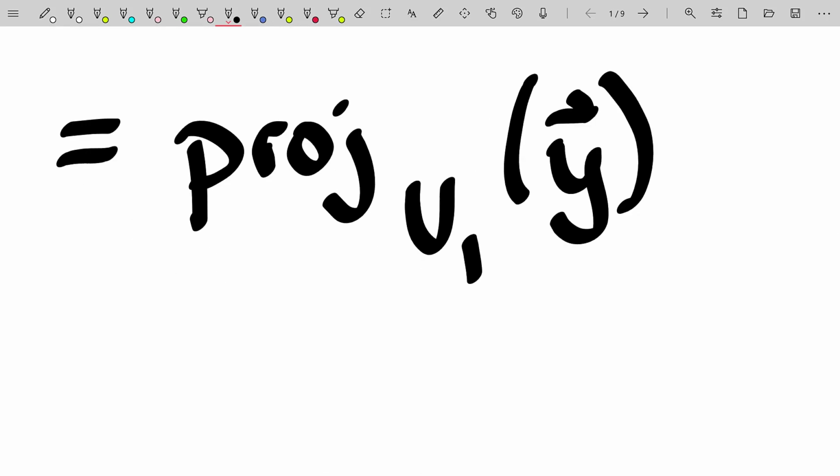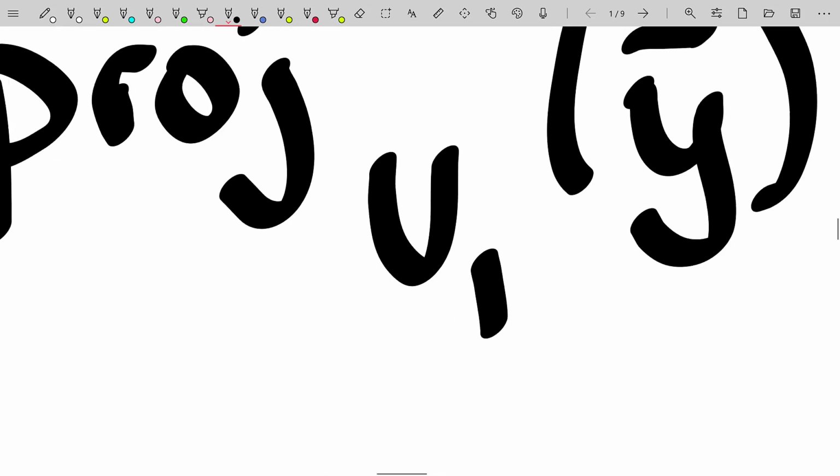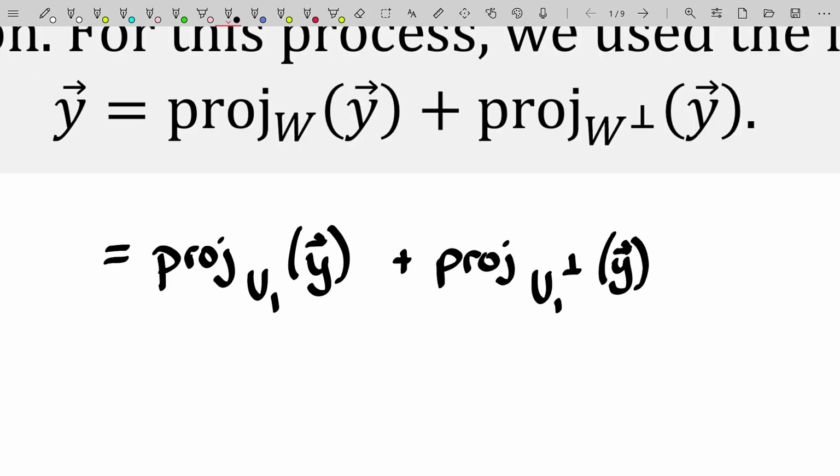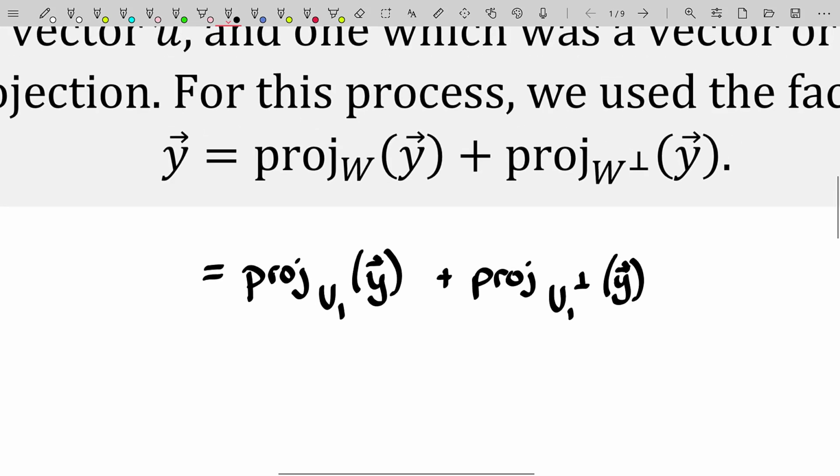Notice I'm not using vector notation on that u sub 1. That is intended purposefully so that we know that that stands for the subspace spanned by the vector u sub 1. And the rest of that is just the projection of y onto the subspace that's orthogonal to the subspace spanned by u sub 1. And again, y is just the sum of those two vectors.